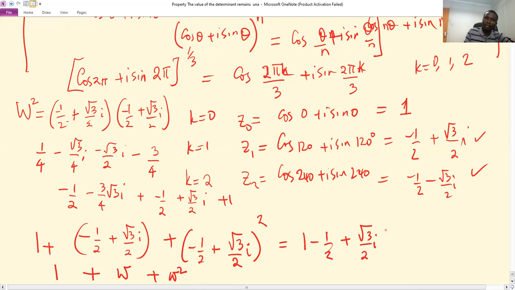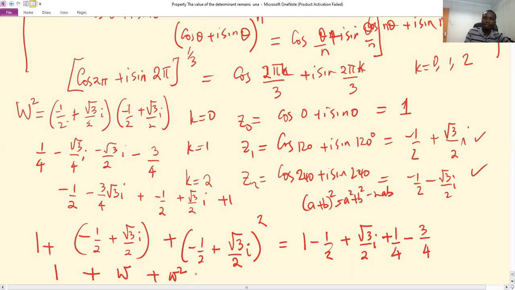And then this will give us, if you have a plus b squared, it is a squared plus b squared minus 2ab. So my a is negative a half, so it will be plus 1/4. And squaring this one, I get i squared is negative 1, so I have negative, and then 3 squared is 3, and the square of 2 is 4.